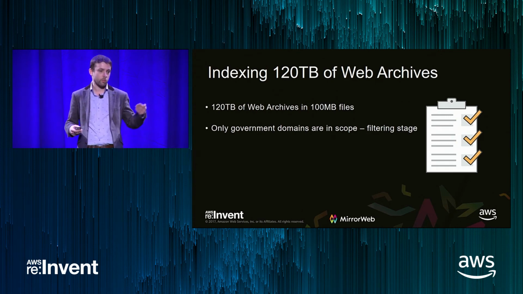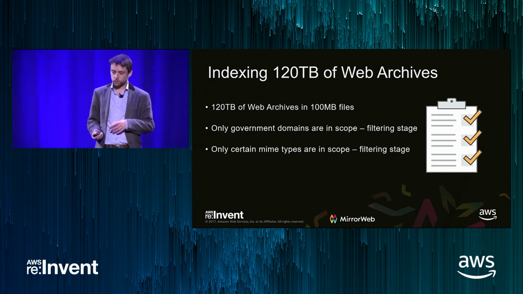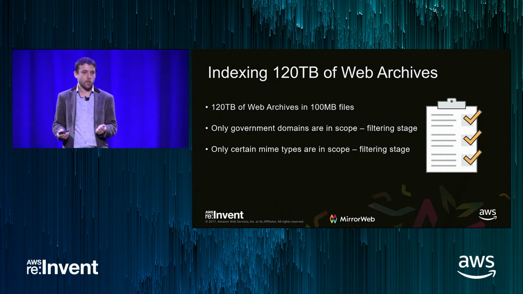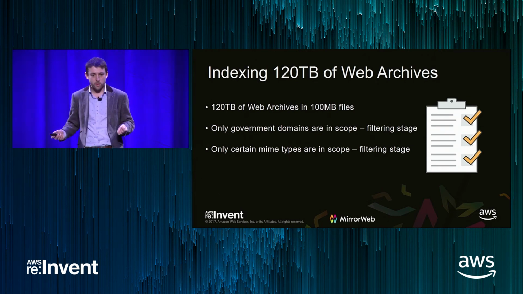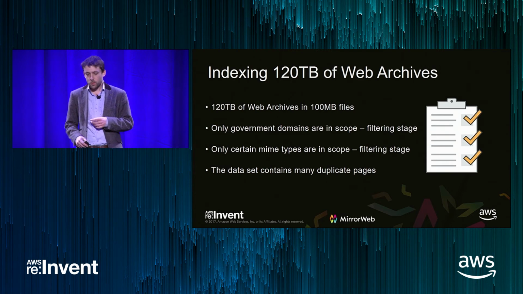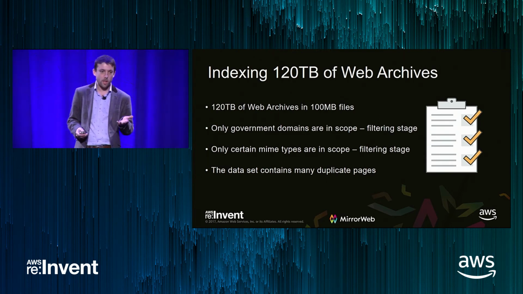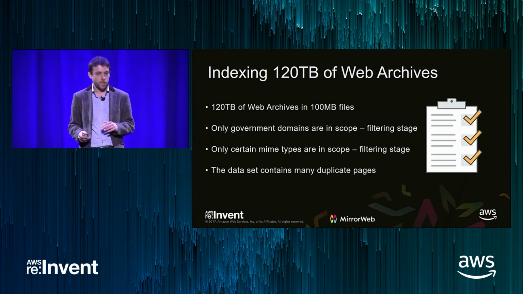We didn't want those returning in the search results. Only certain MIME types were in scope, so we only indexed text content and documents. We didn't index any video, we didn't index any images at this stage. The dataset also contained many, many duplicate pages, and we had a requirement that we were not to provide any duplicate results.